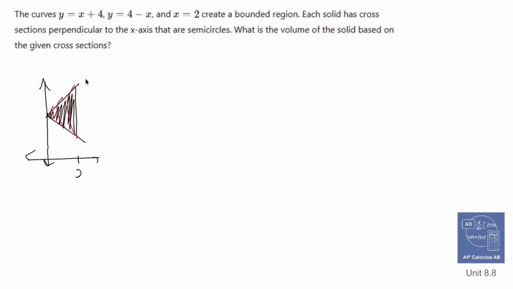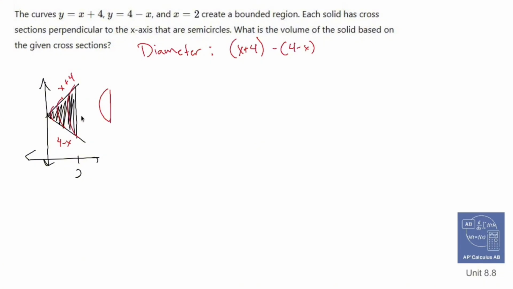Now let's think about the picture that we have here. This picture right here is x plus 4, and this picture right here is 4 minus x. We are creating semicircles with diameters that are found by taking x plus 4 and subtracting 4 minus x. So the diameter is the top part, x plus 4, minus the bottom part, 4 minus x.